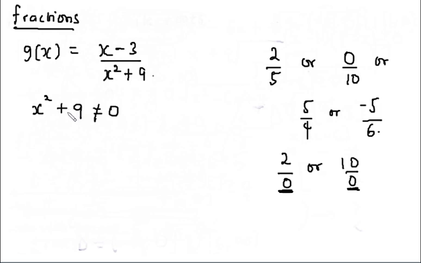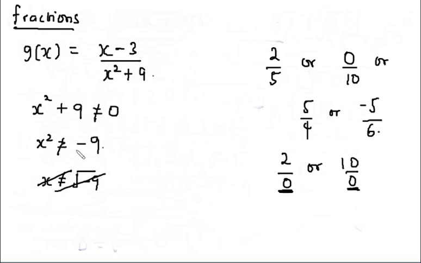Now we know that, moving to the other side, x squared is not equal to minus 9. That is not a restriction at all, because if we take the square root of both sides, the square root of minus 9 cannot happen. So this means that this doesn't stand.